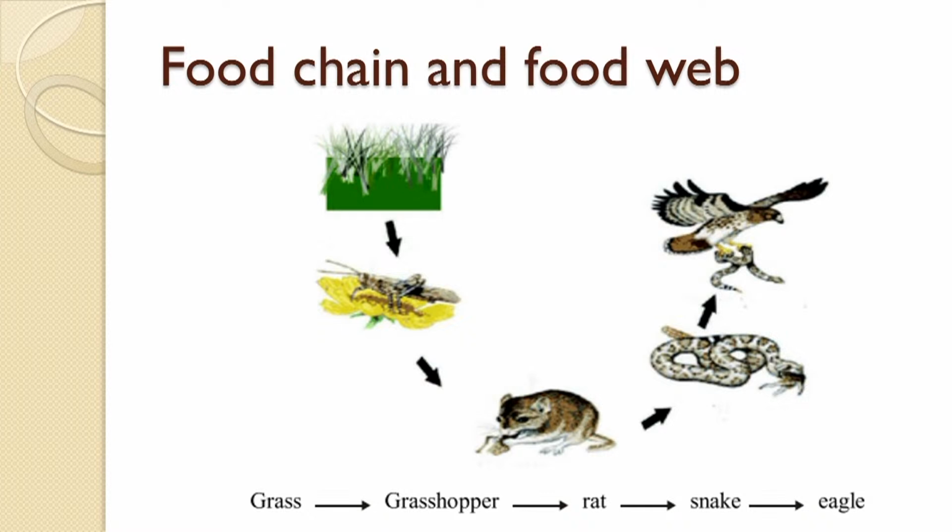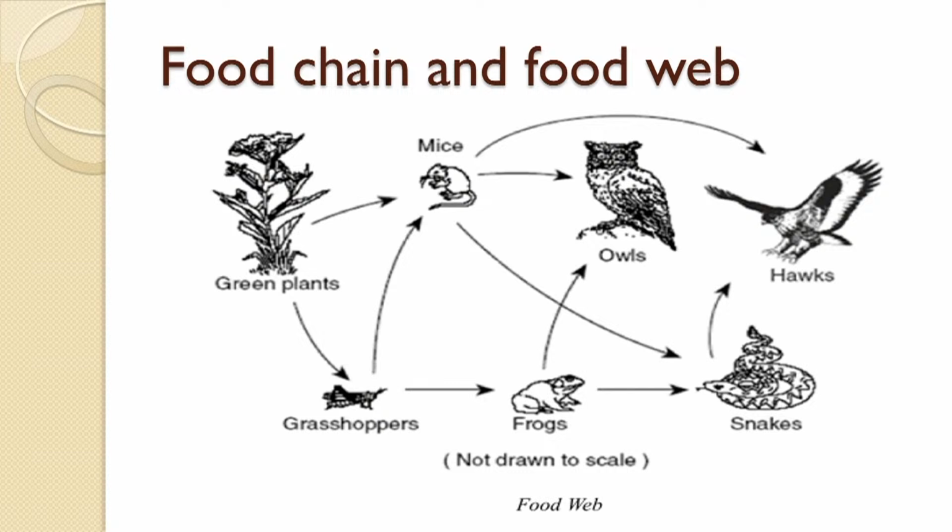So the food chain is a linear process, while a food web is the interconnectedness of food chains. In this picture you can see that green plants may be eaten by grasshoppers or mice. Even a mouse can consume a grasshopper. Further, an owl can eat the mice, which may finally be consumed by a hawk.